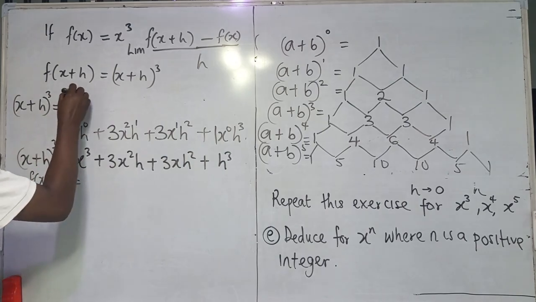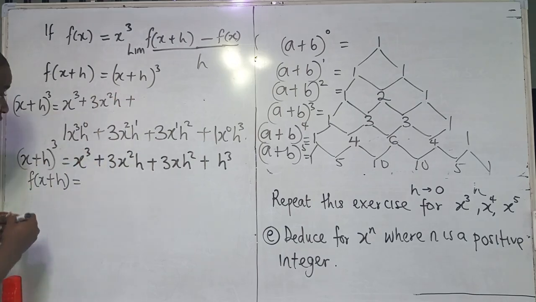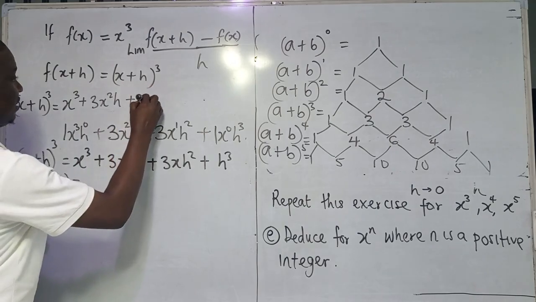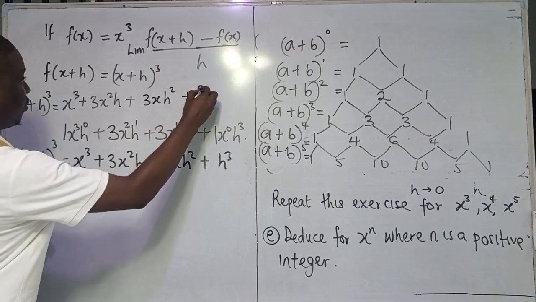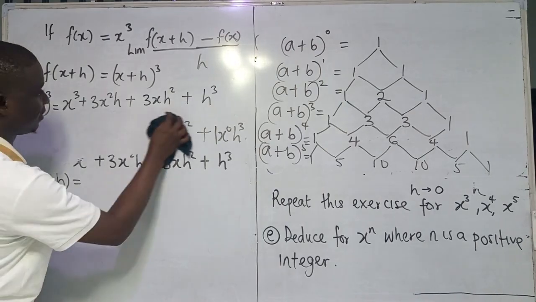Permit me to write it here. s cube plus 3s square h plus 3s h square plus h cube. Permit me to write it there. So you can clean this part now.